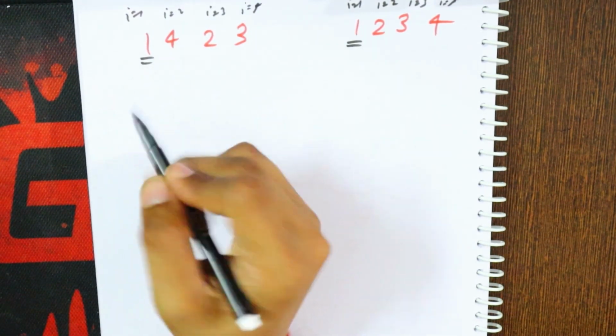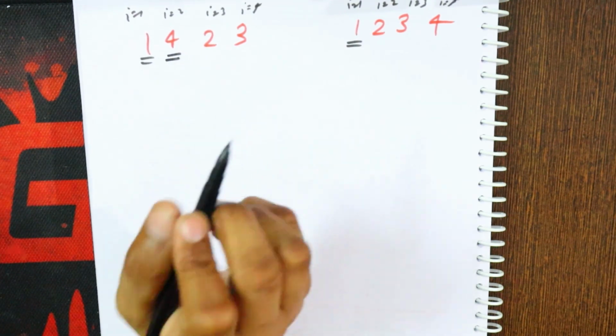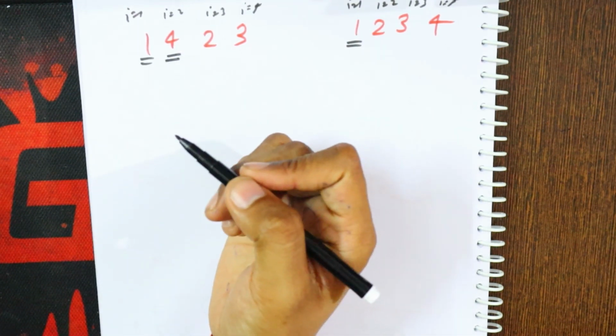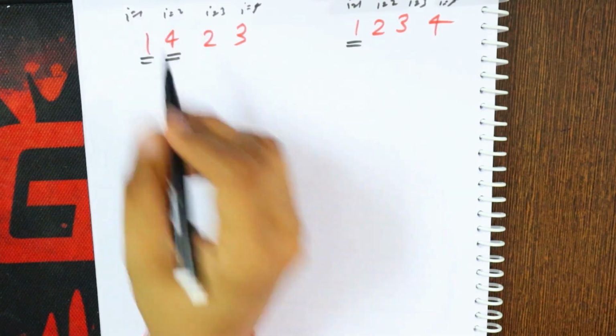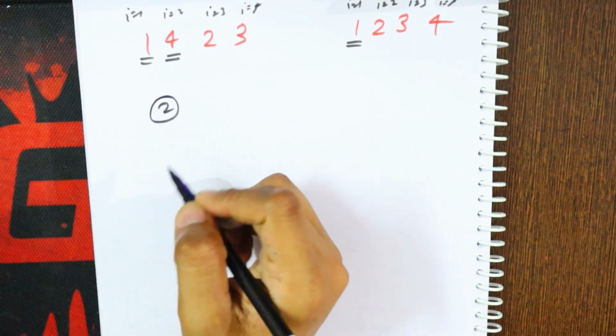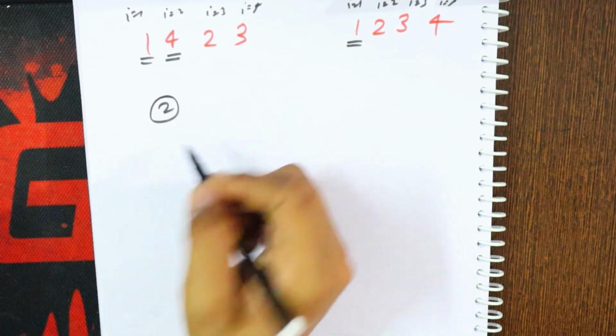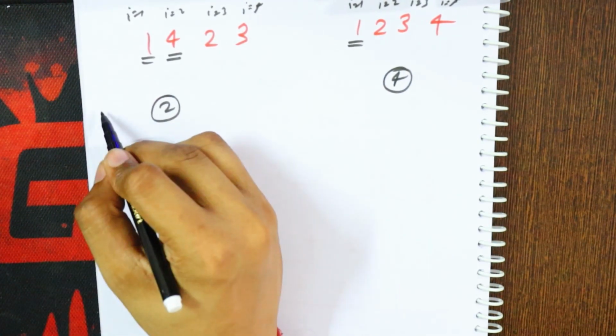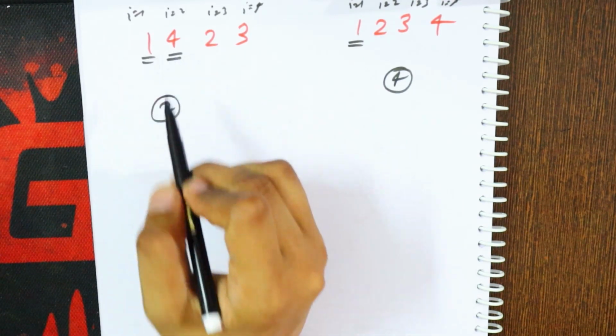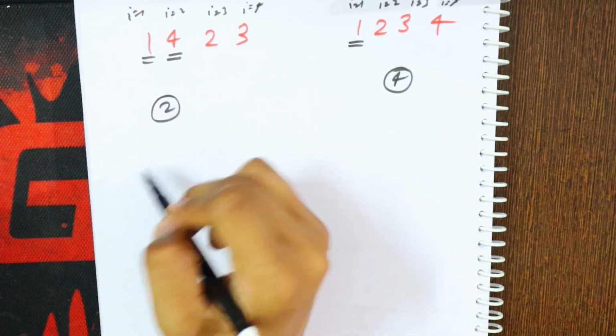See, now if I ask for 4, is 4 at its right place? You will say, Aryan, the 4 is at index 2, but you answered that it should be at index 4. Yes, it is true that I answered that 4 should be at index 4, but it is actually at index 2.